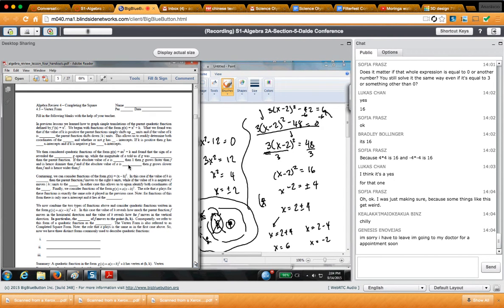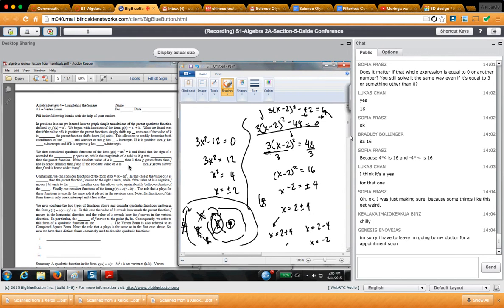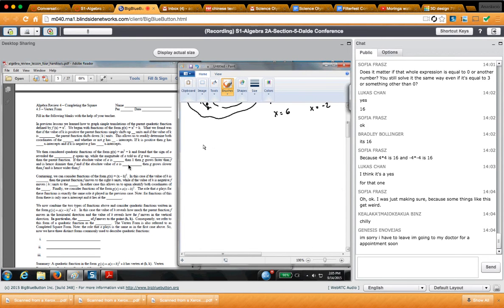Vertex form. Now check this out. This is actually pretty cool. 3x squared minus 48. All right. What does the 48 do? Let's say it's equal to f of x.